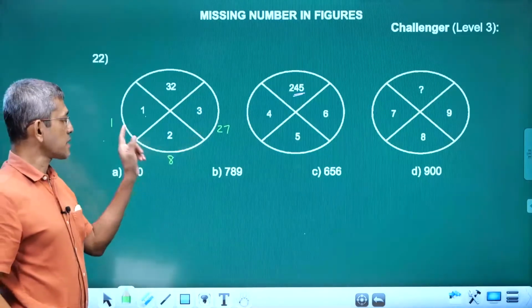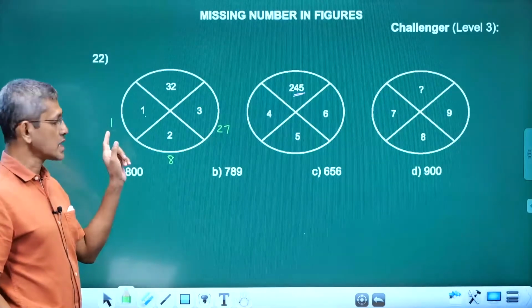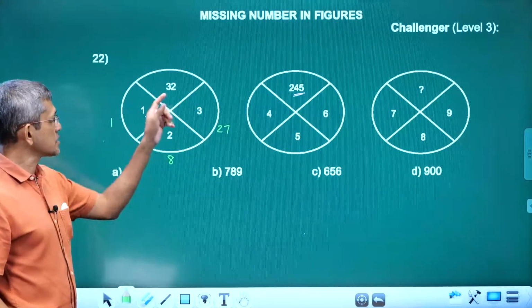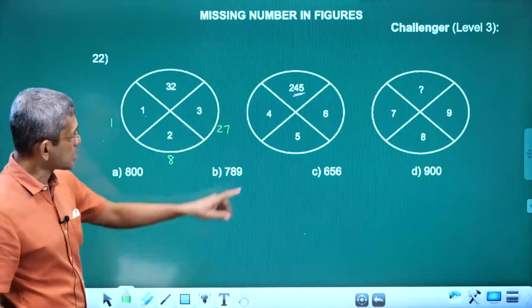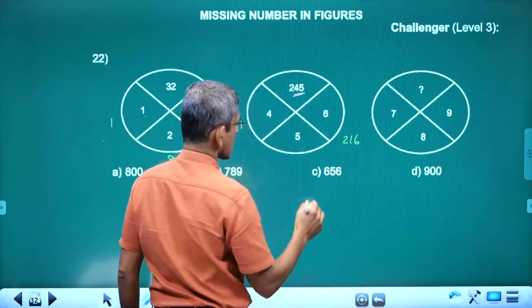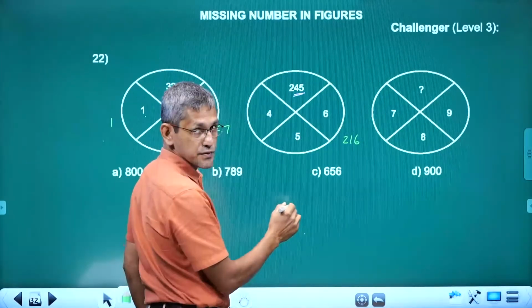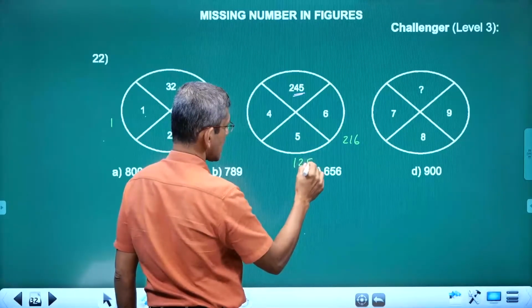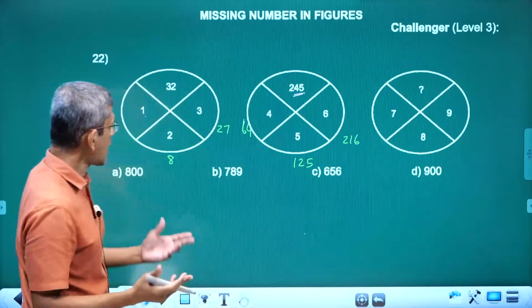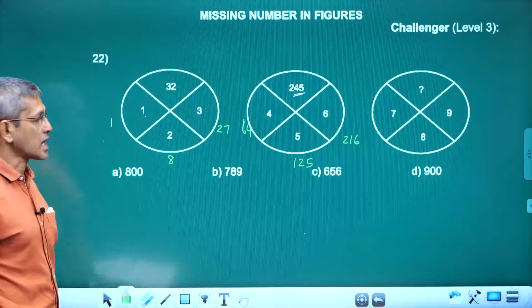So 27 plus 1, 28. 28 plus 8, 36, right? And here it's 32. And how about here? 216. And this one is 5. 5 cube? 125. And 4 cube is 64. And still, if you add it up, we are not really getting the answer.